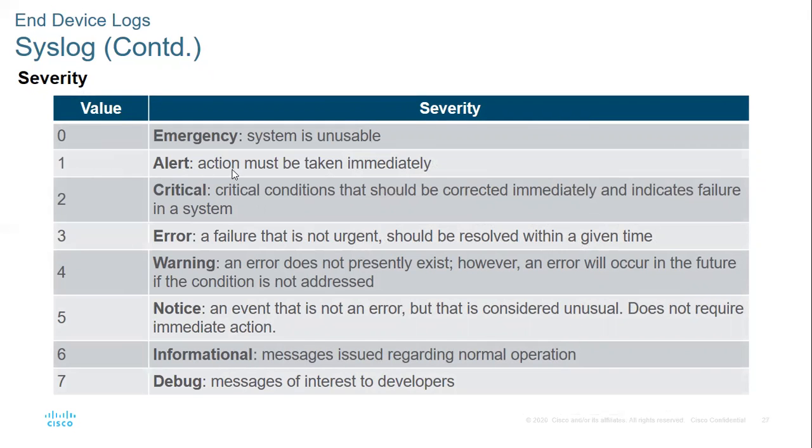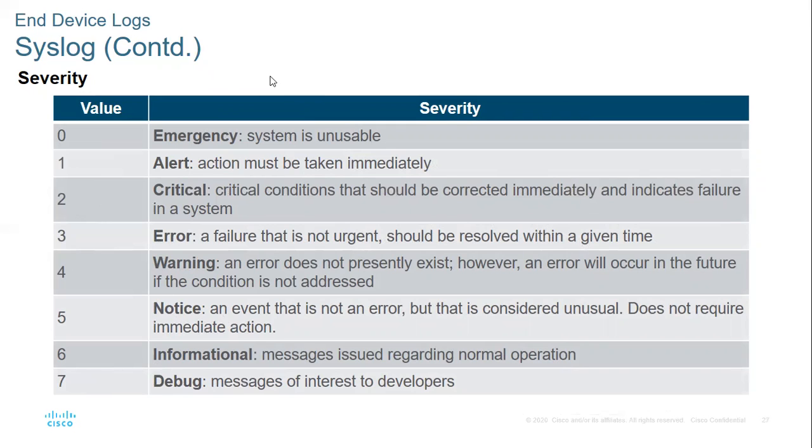Here it means that you must take action immediately. 2 is critical. 3 is an error. 4 is a warning. 5 is a notice. 6 is informational. And then 7 has got to do with debugging.